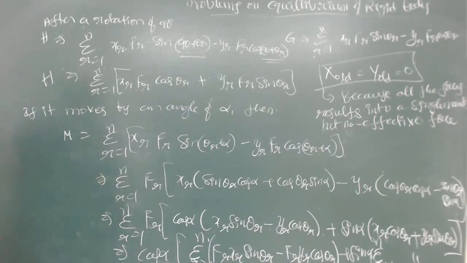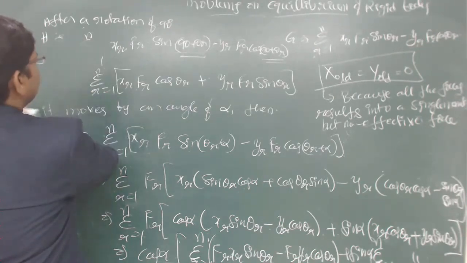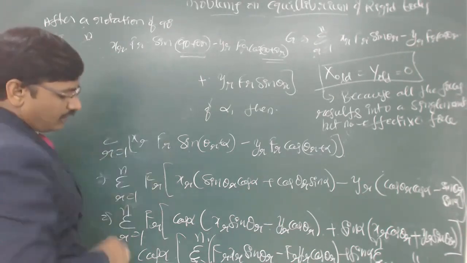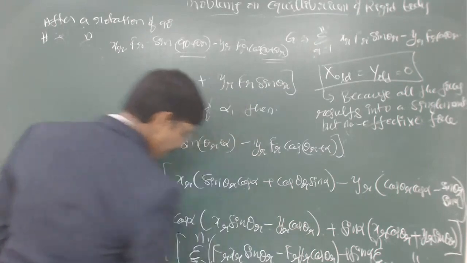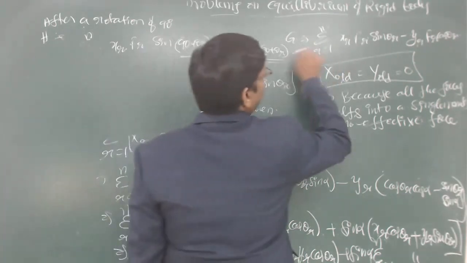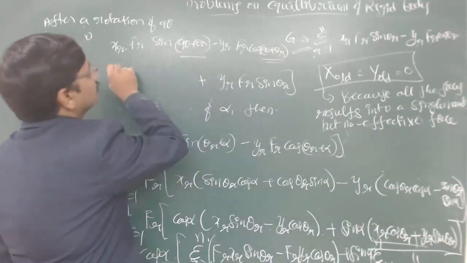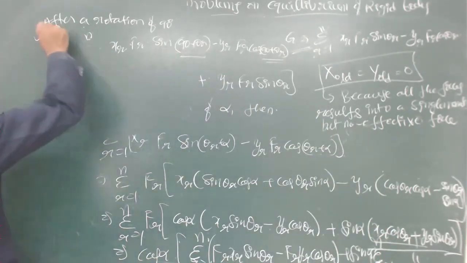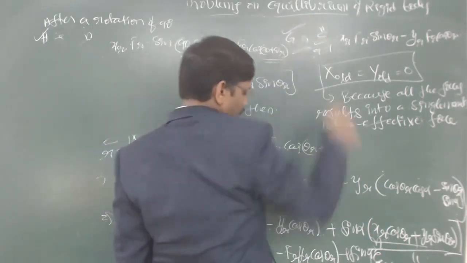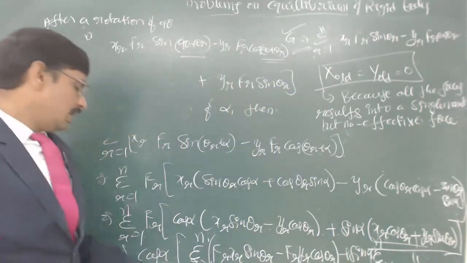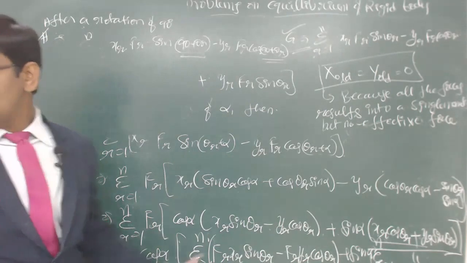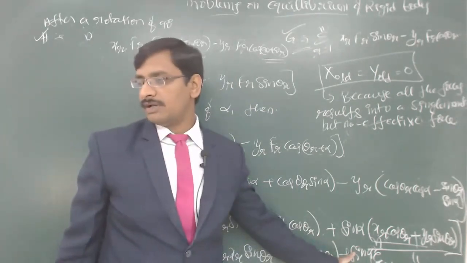Okay. So now if you carefully notice, whatever is coming over here is nothing but G, and whatever is coming over here is nothing but H. So this is H and this is G. Both were actually present at this location, along with a factor of cos alpha here and a factor of sin alpha here.